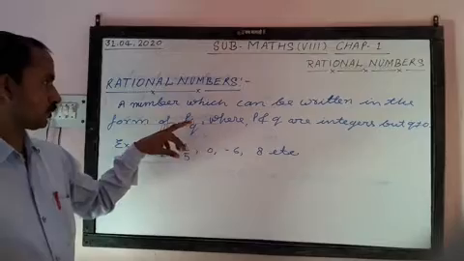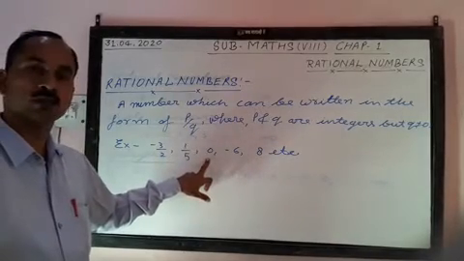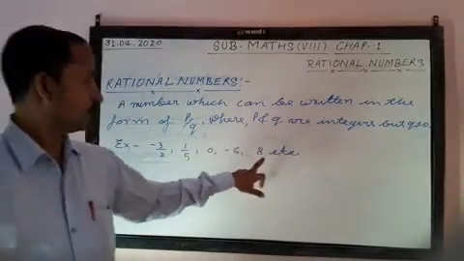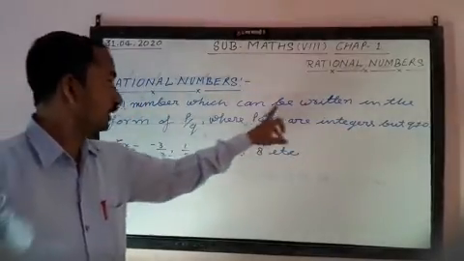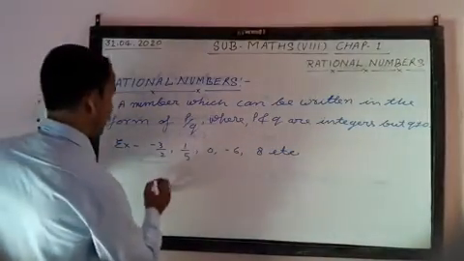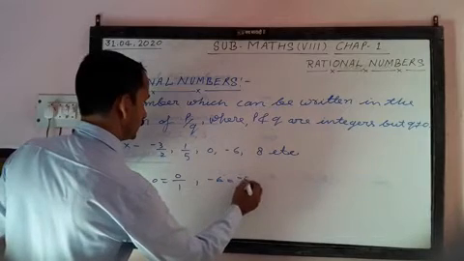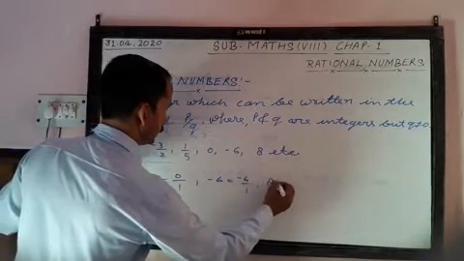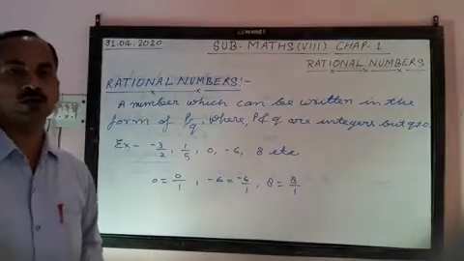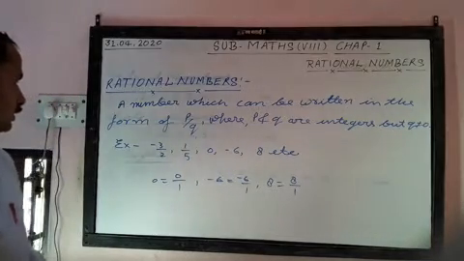A rational number is a number which can be written in the form of P upon Q. It may seem that 0, -6 and 8 are not in the form of P upon Q, but they also can be written in that form, such as 0 upon 1, -6 upon 1, and 8 upon 1, because if we take 1 as the denominator of any number, its value will not be changed.